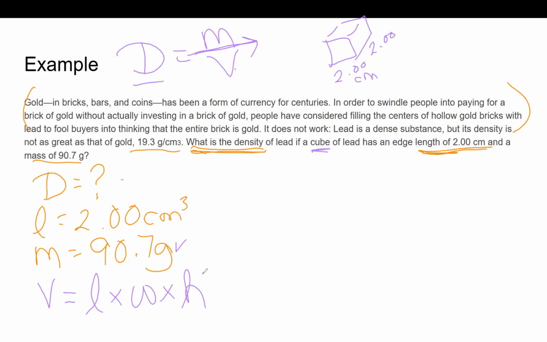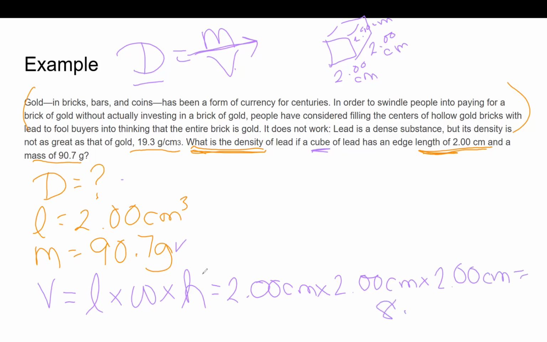So this is going to be 2.00 centimeters, and this is going to be 2.00 centimeters. I do have to apologize for my writing. So my volume then is going to be 2.00 centimeters times 2.00 centimeters times 2.00 centimeters, which equals 8.00 centimeters cubed. So now we have our volume, we have our mass.